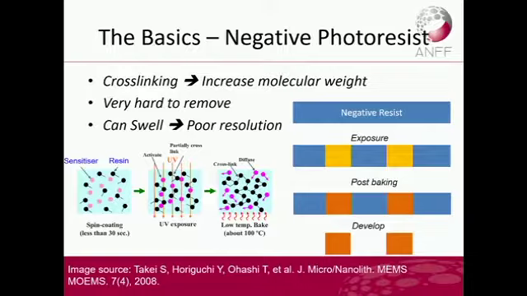The only way to remove it is with strong acid or strong base, but it's very hard to remove because if you use strong acid or strong base, you start to attack your other materials on your wafer. So that's not preferred. And also, if you are using an organic solvent to develop your negative resist, which is probably most of the cases, you could get a swelling effect.